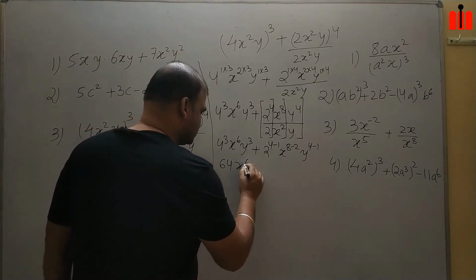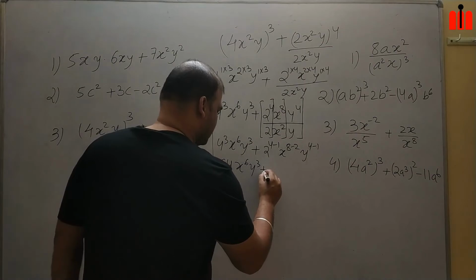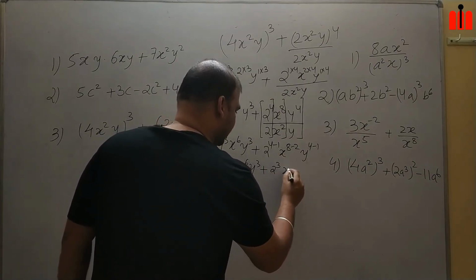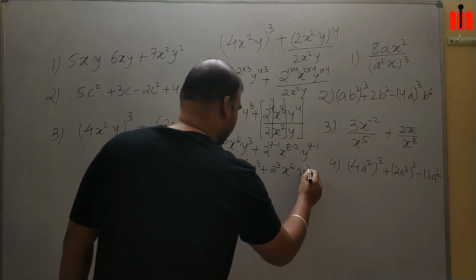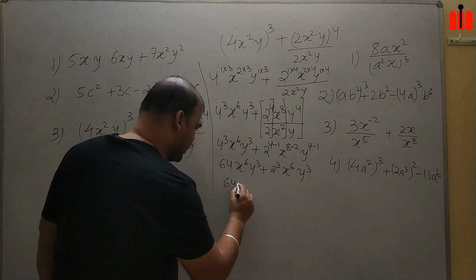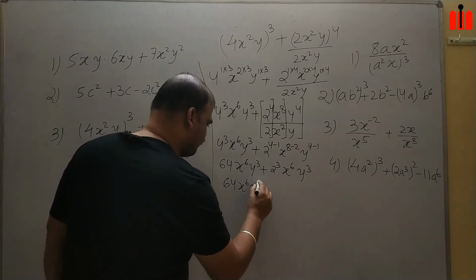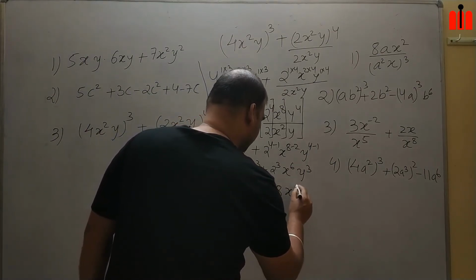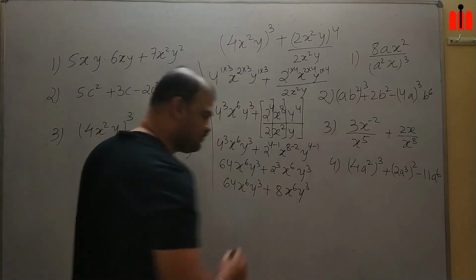x to the power of 6, y cube plus 2 cube, it will be 8. We will write it later, x to the power of 6, y cube. Okay, so it will be 64 x to the power of 6, y cube plus 8 x to the power of 6 y cube.